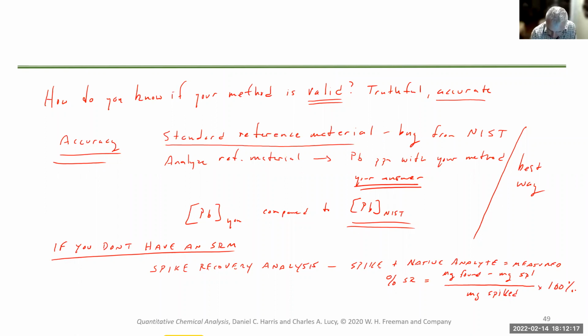So in this case, the milligrams found equal the milligrams in the sample plus the milligrams in the spike, but found through your method.